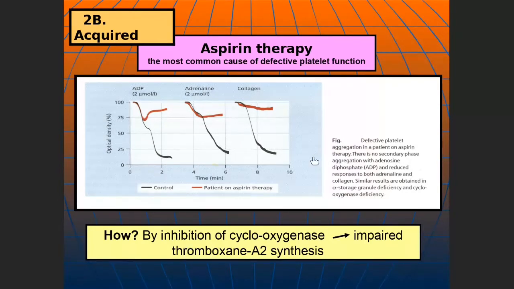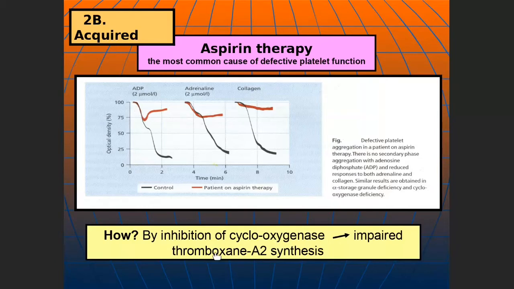When we give aspirin, aspirin inhibits the cyclooxygenase enzyme, and so it inhibits the synthesis of thromboxane A2 and inhibits platelet aggregation. Okay, clear? How does aspirin interfere with platelet function? It is by inhibiting the cyclooxygenase enzyme and thus inhibiting production of thromboxane A2.